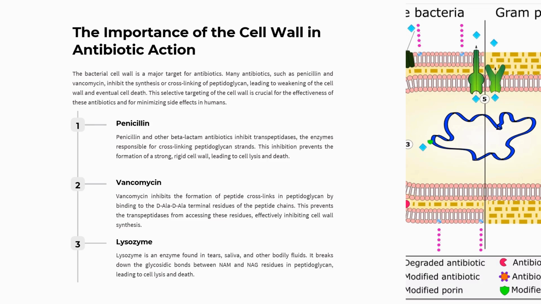As a critical target for many antibiotics, understanding the cell wall composition and mechanism is essential for advancing medical treatment and biotechnological innovations. By delving deeper into its structure and role, we can develop more effective strategies to combat bacterial infection and harness bacteria for beneficial applications.